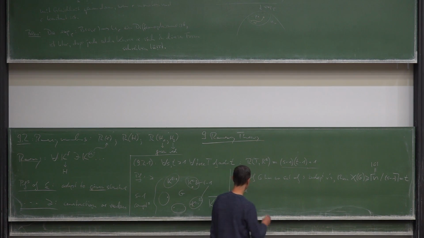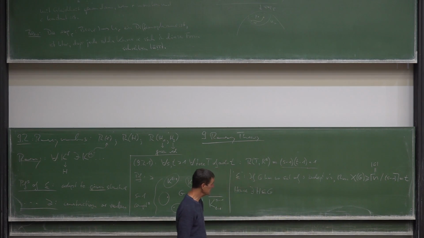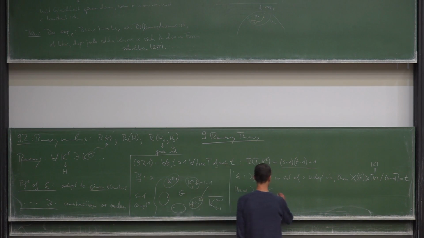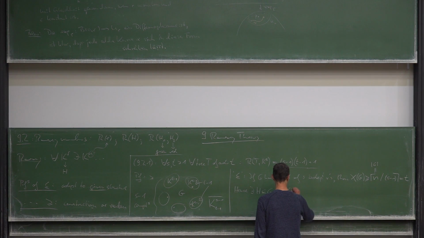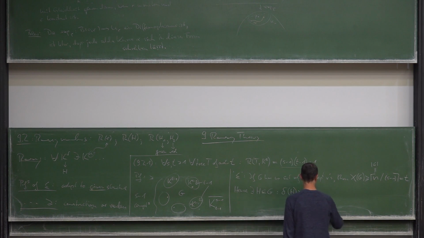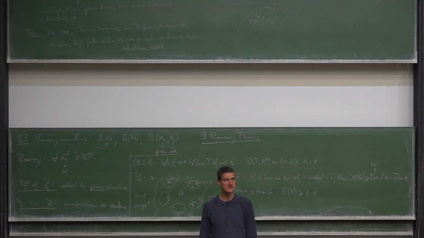But then G has a critically T-chromatic subgraph whose min degree is big. Right, remember that from the coloring chapter?